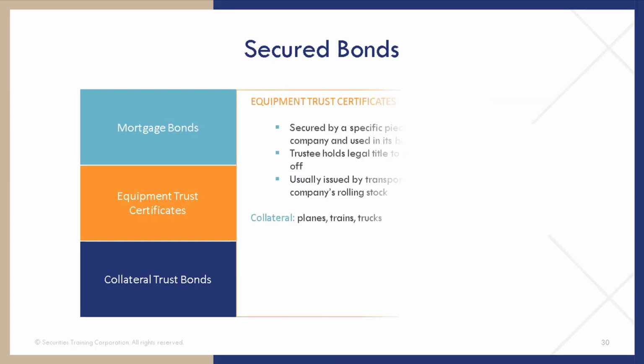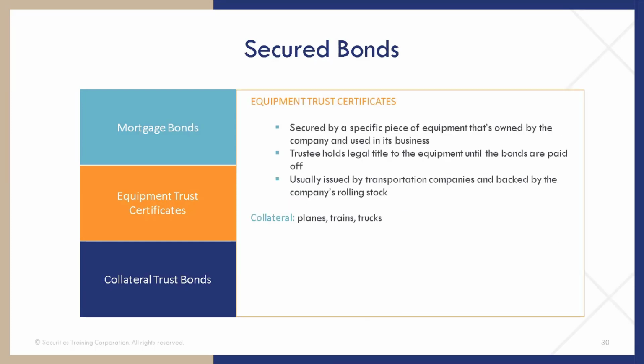And that would add creditworthiness to the bond. Equipment trust certificates are backed by some equipment that's owned by the company. Generally, if there's a default, the trustee, who's there for the protection of the bondholders, has title to that equipment. And if the company goes under, they could lease that equipment or resell that equipment.